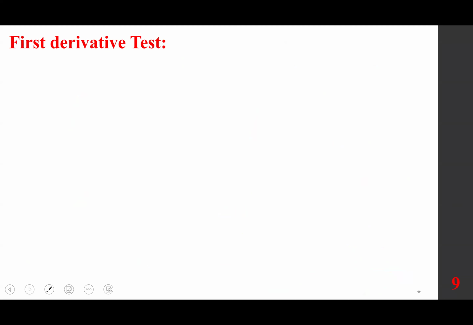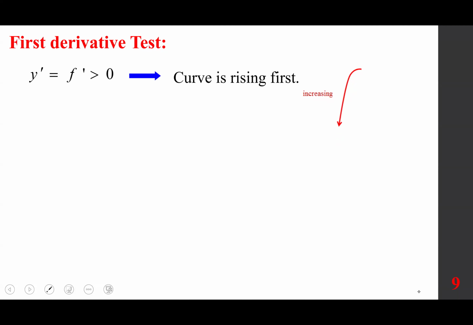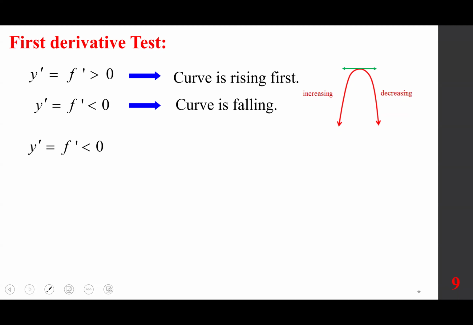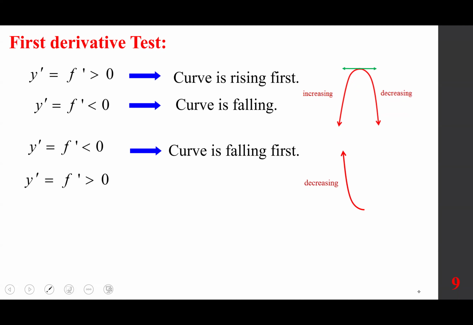What is the first derivative test? Well, when y prime or f prime is positive, the curve is rising. If it's negative, the curve is falling. What creates a peak at the top is known as a local max. However, if it's the other way around, first it's falling, then it's rising.